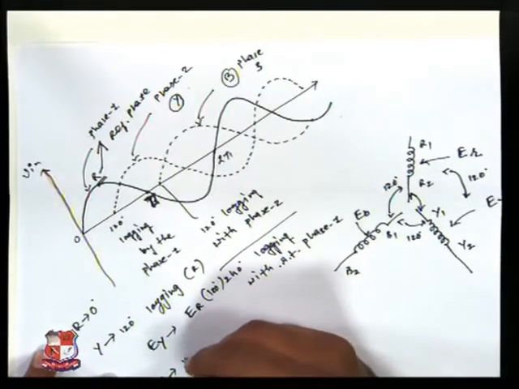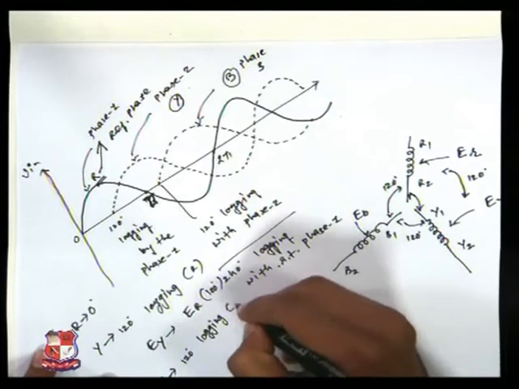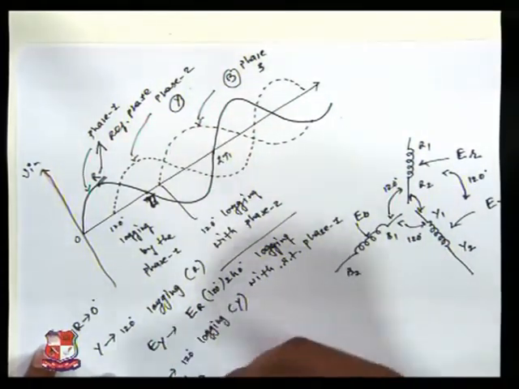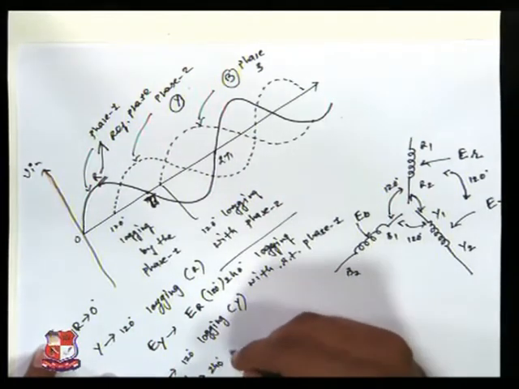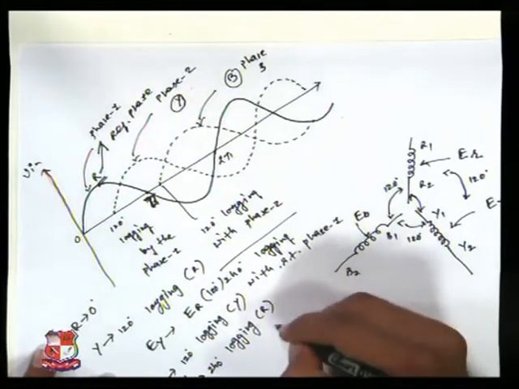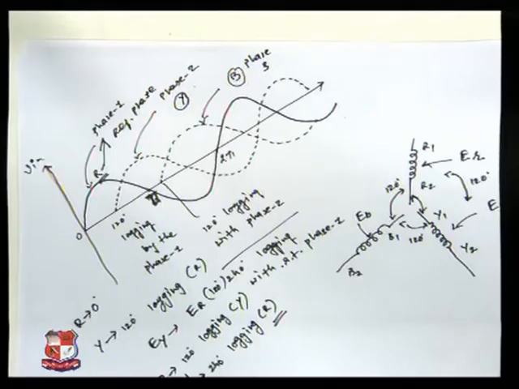B phase is 120 degrees lagging from which phase? That is Y. But with respect to R, it is almost 240 degrees lagging. So it depends on which phase you consider as the reference phase.